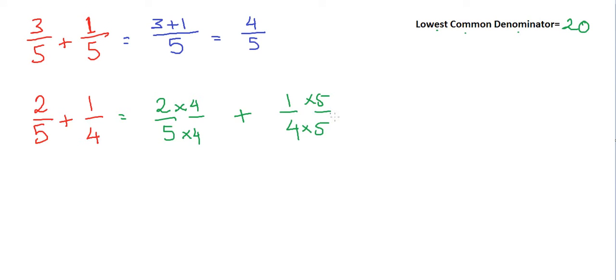And when you multiply anything by 1, you don't really change the number. But we're finding equivalent fractions, so we can proceed and find the solution to this question. So 2 times 4 gives us 8, and 5 times 4 gives us 20. So we got our lowest common denominator, which was what we wanted. And for this fraction, 1 times 5 is 5, and 4 times 5 is 20.